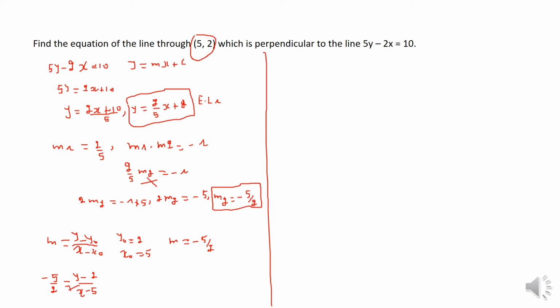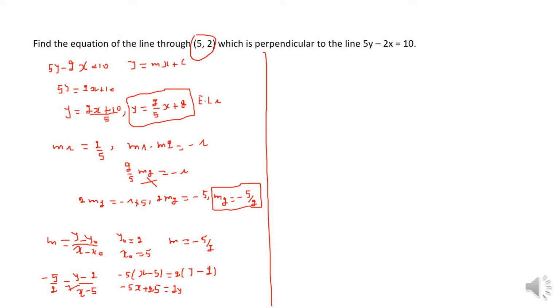So now we get -5 bracket x minus 5 is equal to 2 bracket y minus 2. Bracket means multiplication. Now remove the brackets: we get -5x, minus 5 times -5 we get plus 25, which is equal to 2 times y, we get 2y.